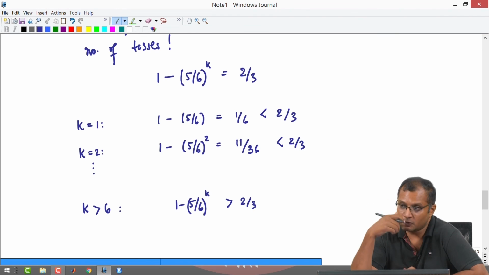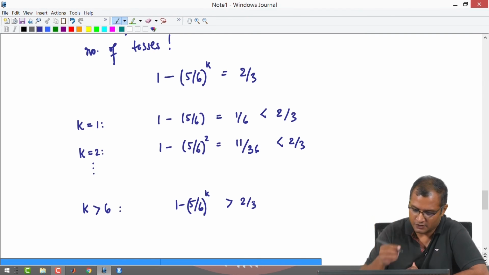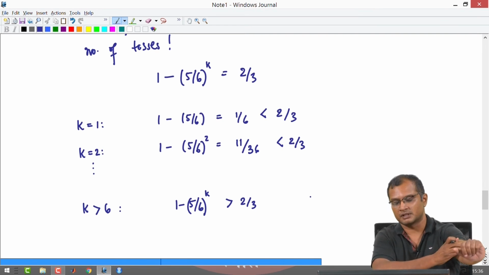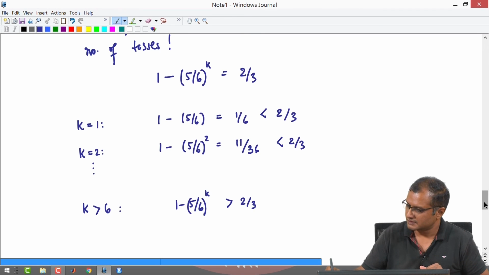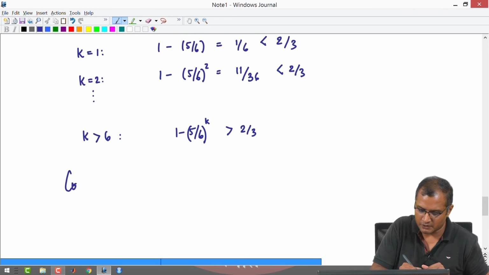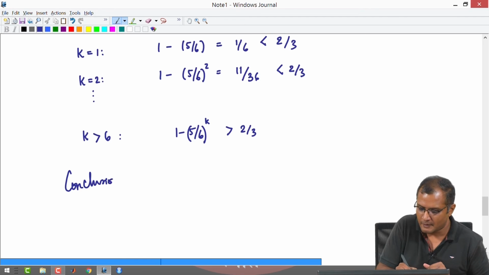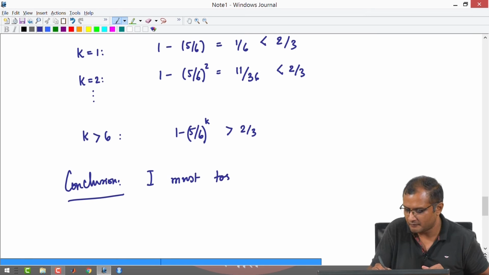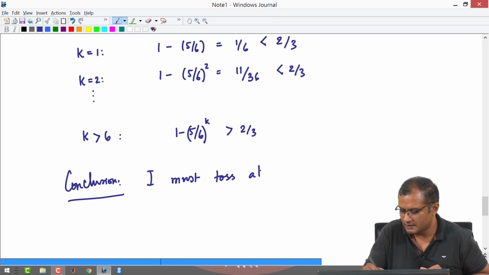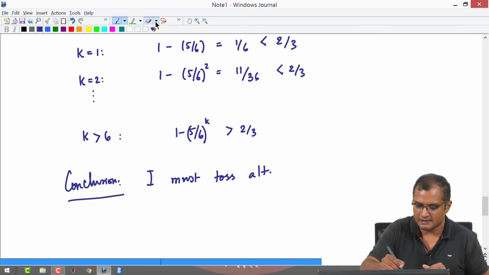So, a larger power would only make 5/6 to the power k smaller, which means 1 minus 5/6 to the power k will become larger. So, typically for k equals 7, you will see that the probability becomes greater than 2/3. So, the take home conclusion is that one must toss the die at least 7 times.